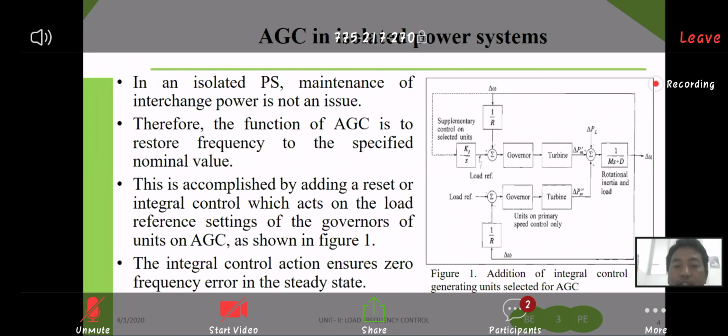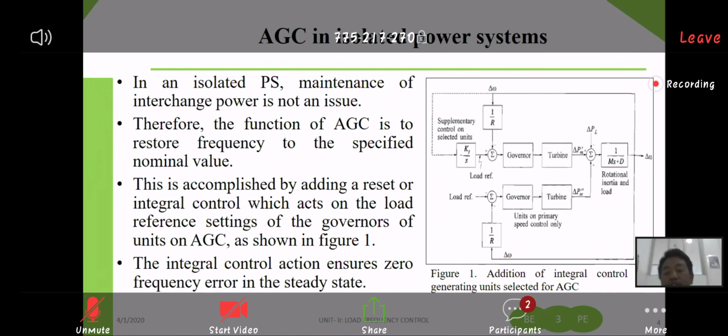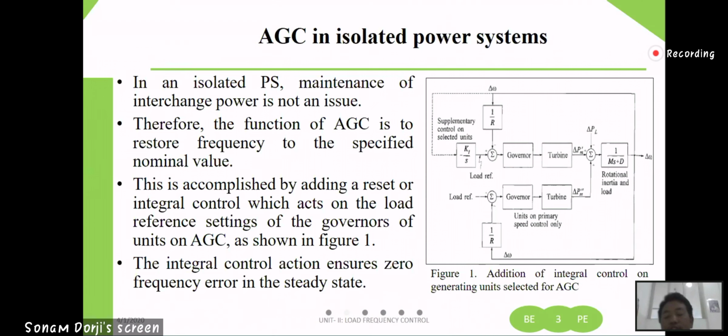Now in an isolated power system, there is no issue of interchange of power, right? Because there is only one power station, not connected to the grid, which means there is no requirement of interchange of power from one generating station to another, because in an isolated power system the power will be supplied by one generating unit only.